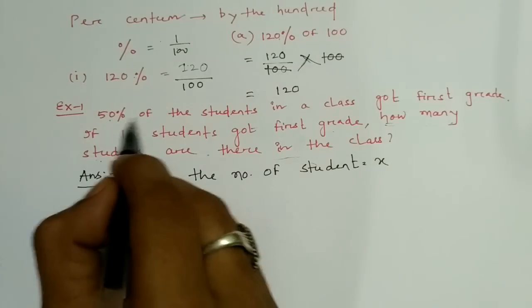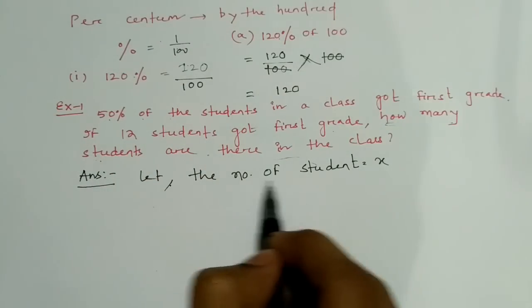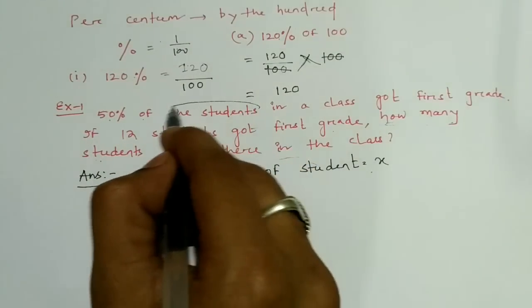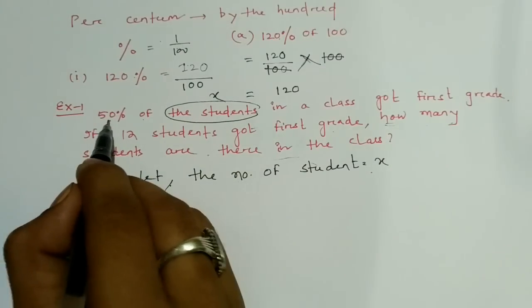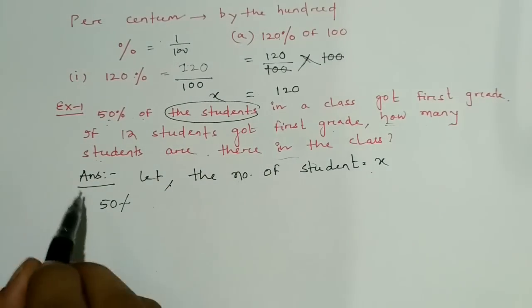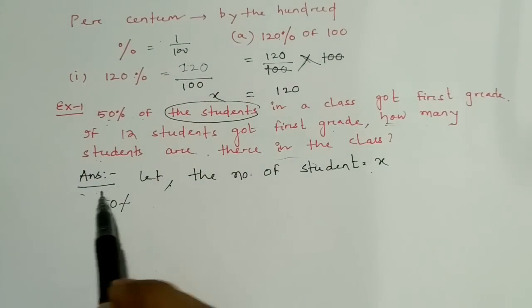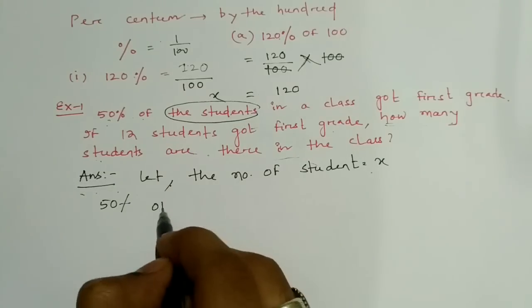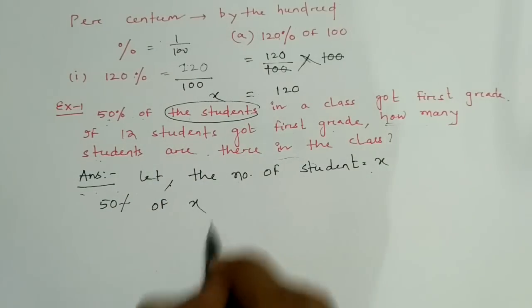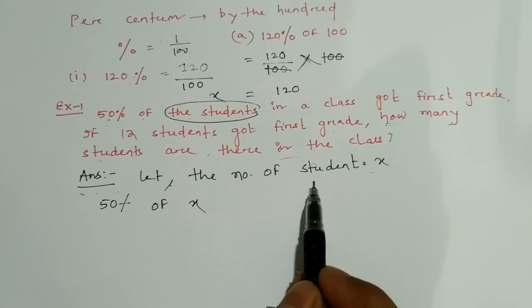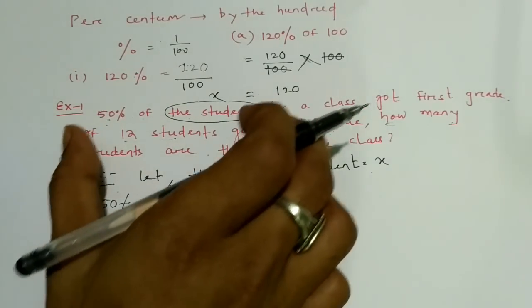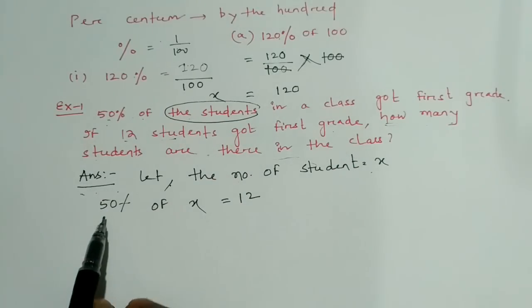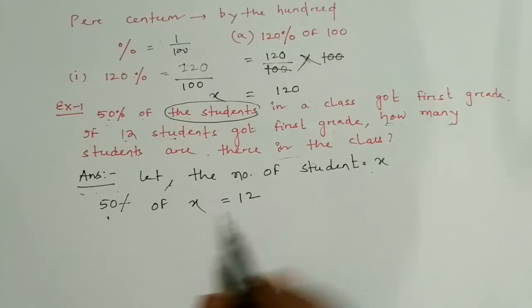50% of the students. We have taken that the number of students is X. So according to the question, you have to write it that way. 50% of the students means X in a class got first grade, and the number of first grade students is 12. So from these two lines we have got the conclusion that 50% of X is 12.